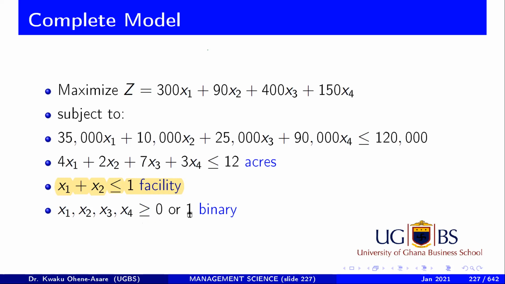In fact, this is better, because once you say greater than or equal to 0, you already have the 0. If you leave it as binary alone, it could be 0 or 12 or 0 or 6. So it should be greater than or equal to 0, or 1. 0 or 1 binary. So that is it.